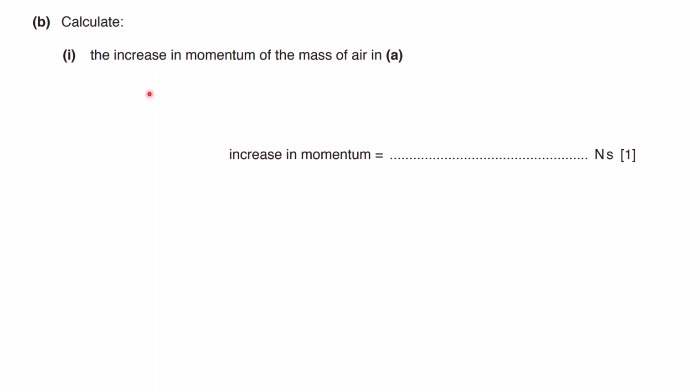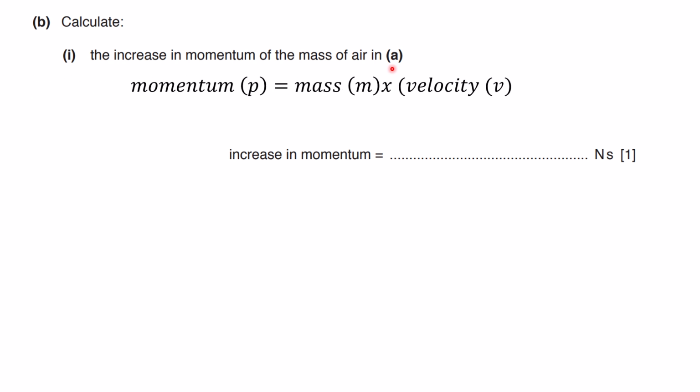The question is also asking to calculate the increase in momentum of the mass of air in part A. All right, at this moment you are wondering, okay, how am I going to do this? Let's write down the formula for momentum. Momentum, or P, lowercase p, is mass times velocity. Do we have everything?